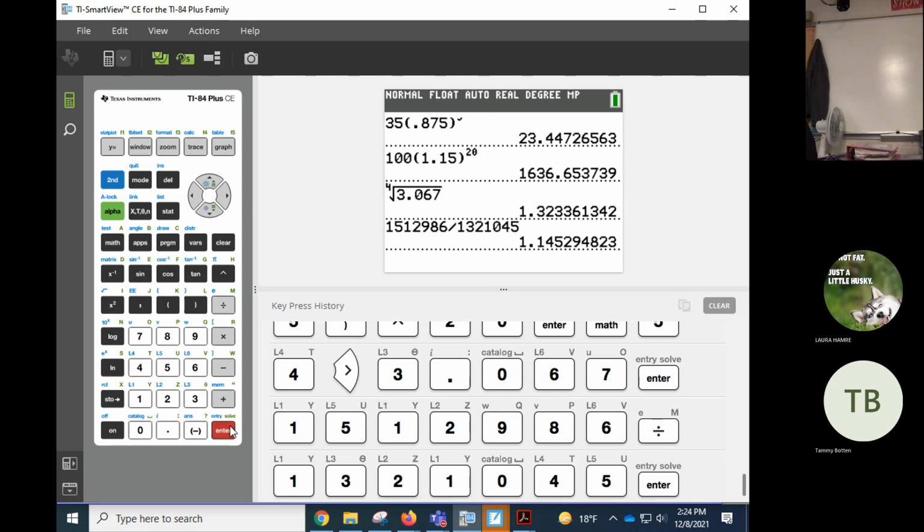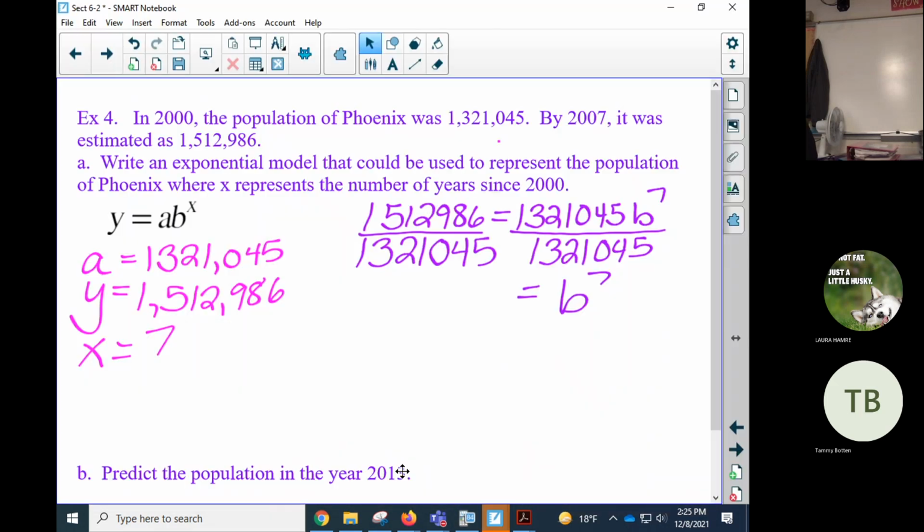And what we did on the last one is we rounded this to like 1.15, okay? What we can do is keep that for next time and not round this. If you did 1.15, it's not that it's wrong. It's just if you kept this whole number and pulled that into your problem next, you're going to get a more accurate number. So for this, we just found that b to the 7th is 1.145.